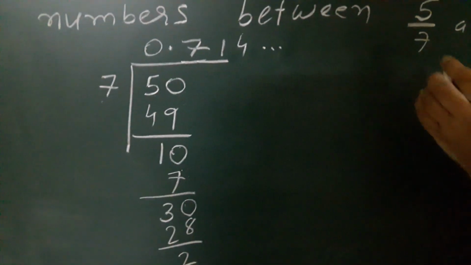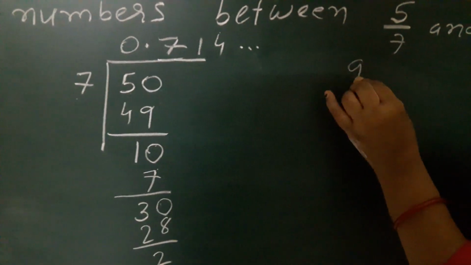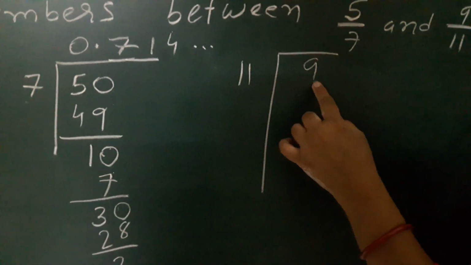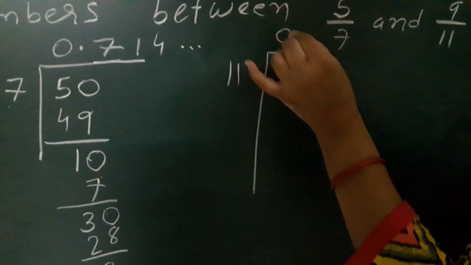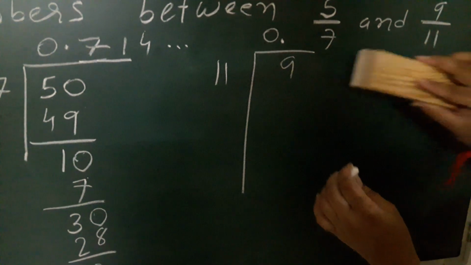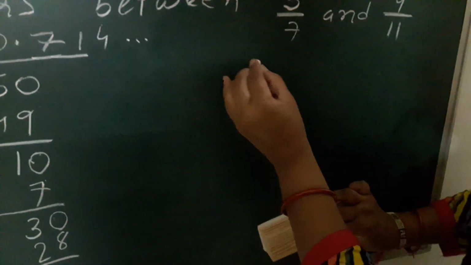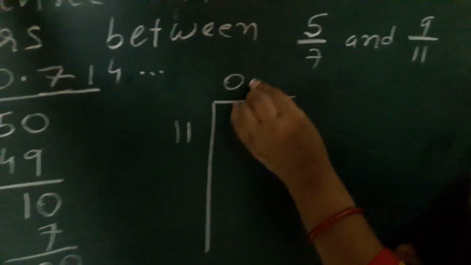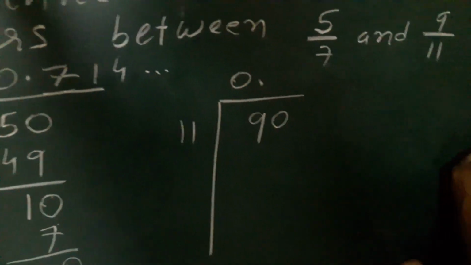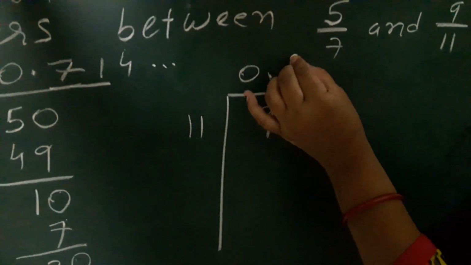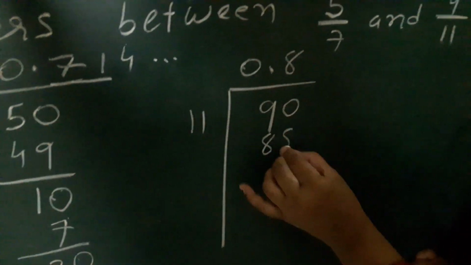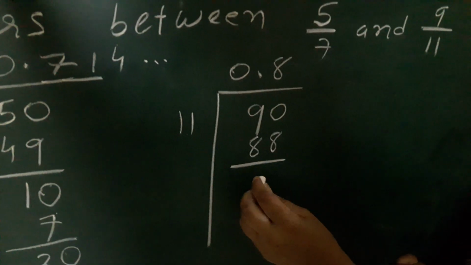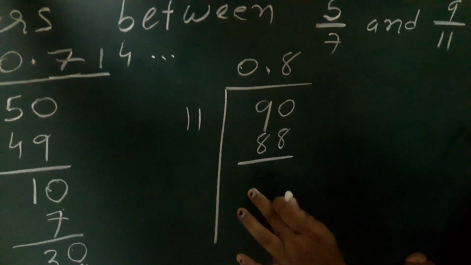Now another number is 9 by 11. 9 divided by 11. Now 9 is less than 11, so we put the decimal point and we put the 0. Now 11 8s are 88. 90 minus 88, that is 2.